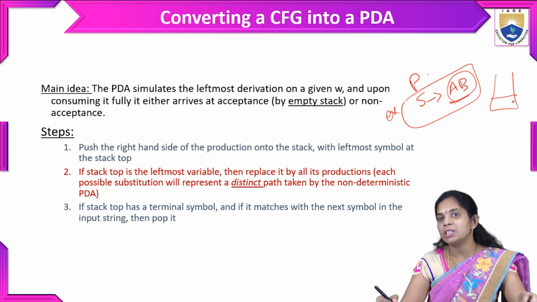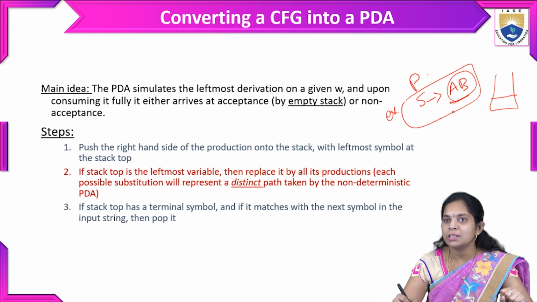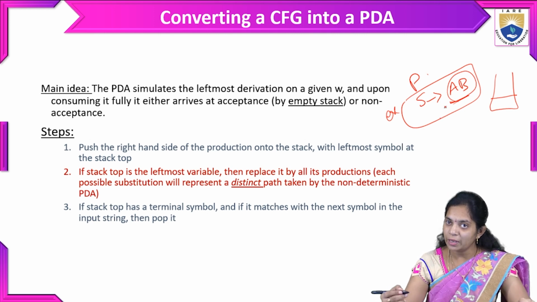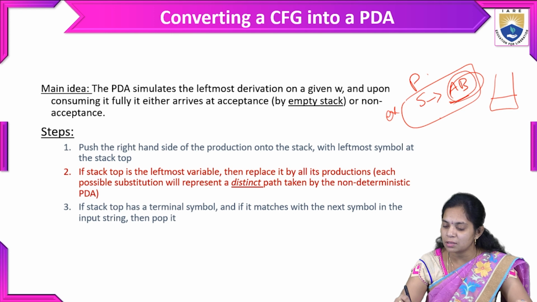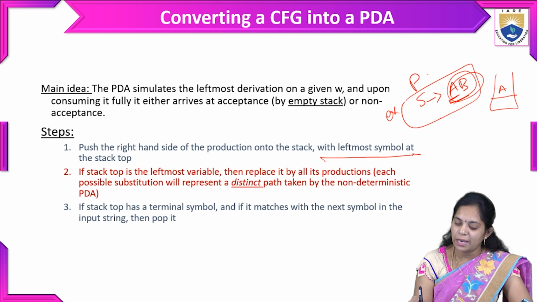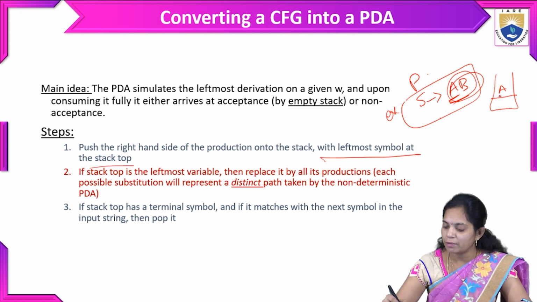So PDA involves the stacks. So here in the context-free grammar, there is no stack. So we have to push the production rules into a stack. How to push that into a stack in the sense. So here the leftmost variable A is on the top of the stack symbol. So with the leftmost symbol at the top of the stack, this is the rule we have to follow.